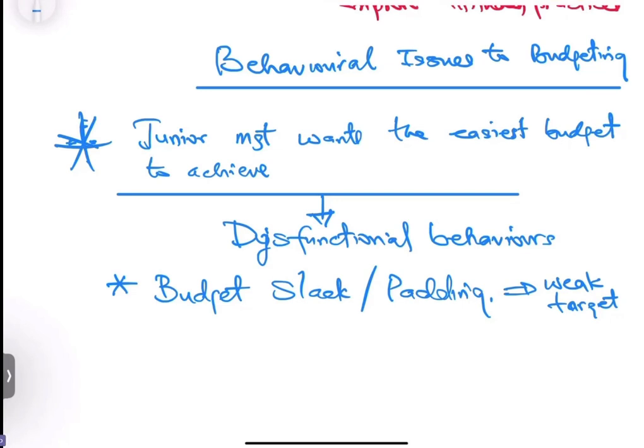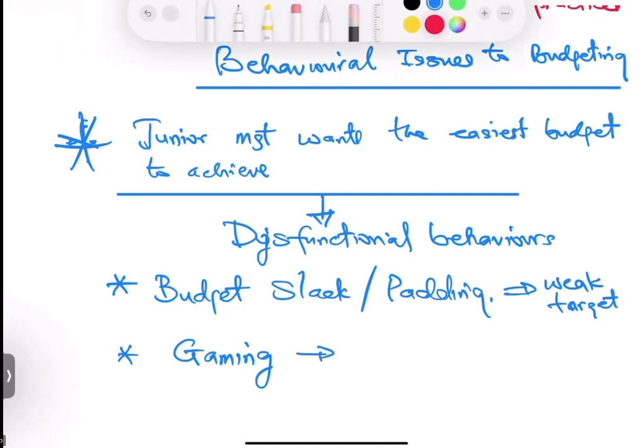It's very similar to what you called gaming. Gaming is also about having a less ambitious budget. You know you can do better, but you're saying, no, I'm not going to shoot myself in the foot.